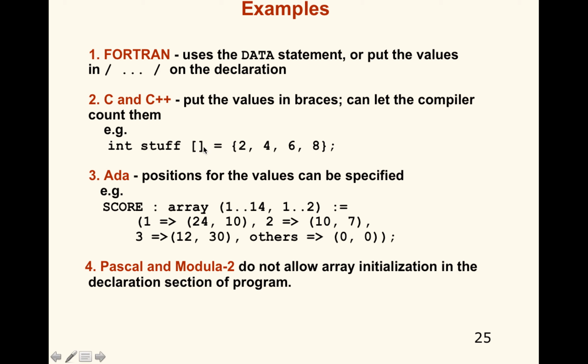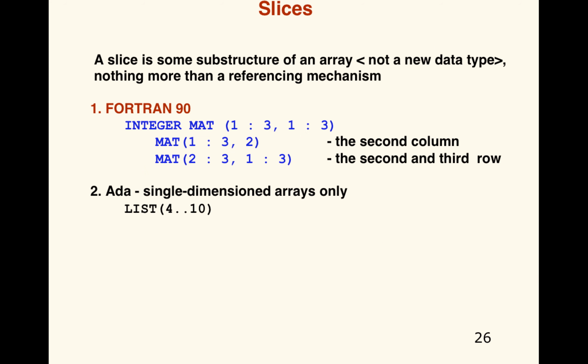So, integer stuff, and if you put in 2, 4, 6, and 8, it'll size this to 4 because you have 4 elements. I'm not going to go through Ada, Pascal, or Modula, since you're never going to program in them throughout the rest of this course, so I won't worry about showing you the syntax for that. But some languages don't allow the initialization in the declaration section of the program. They have to be initialized somewhere prior to the program start, statically.